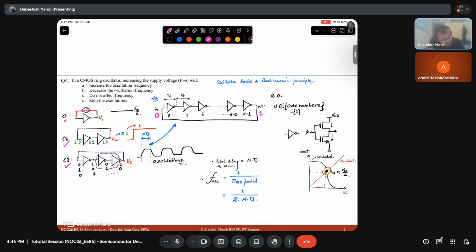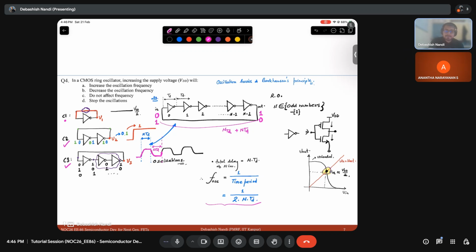For the 0 to 1 transition, you have one NTD. Then again, if it is 1, then to 0, you have another NTD. So you need that to complete the cycle, right? This is what a cycle is. So the oscillation frequency of a ring oscillator is 1 by 2 times NTD.